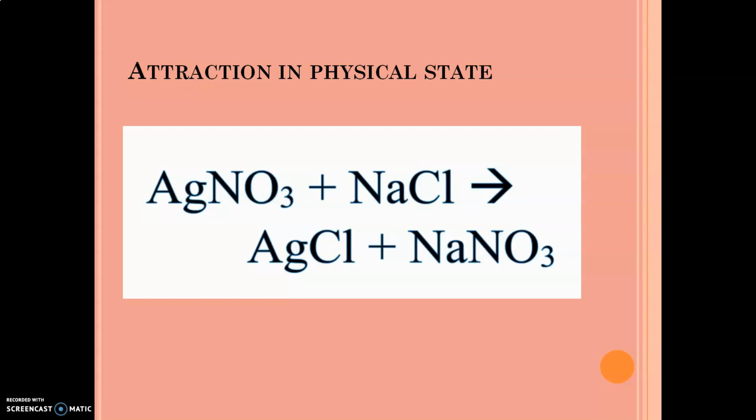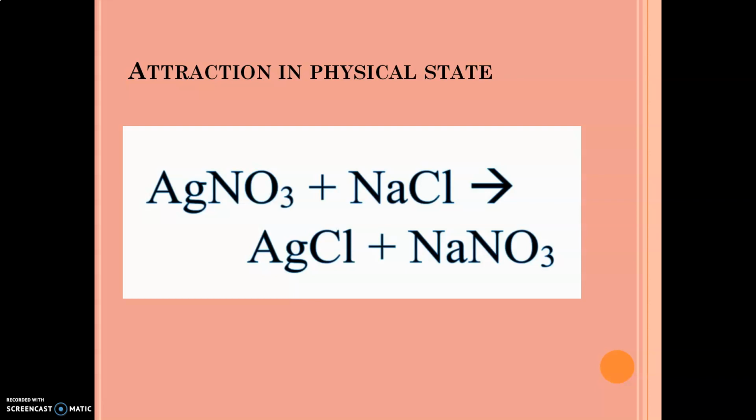A very good example is given in your book, that is of sodium chloride, NaCl, and silver nitrate. Silver is Ag, nitrate NO3, so silver nitrate is AgNO3. They react with each other in aqueous solution. Now what is aqueous solution?